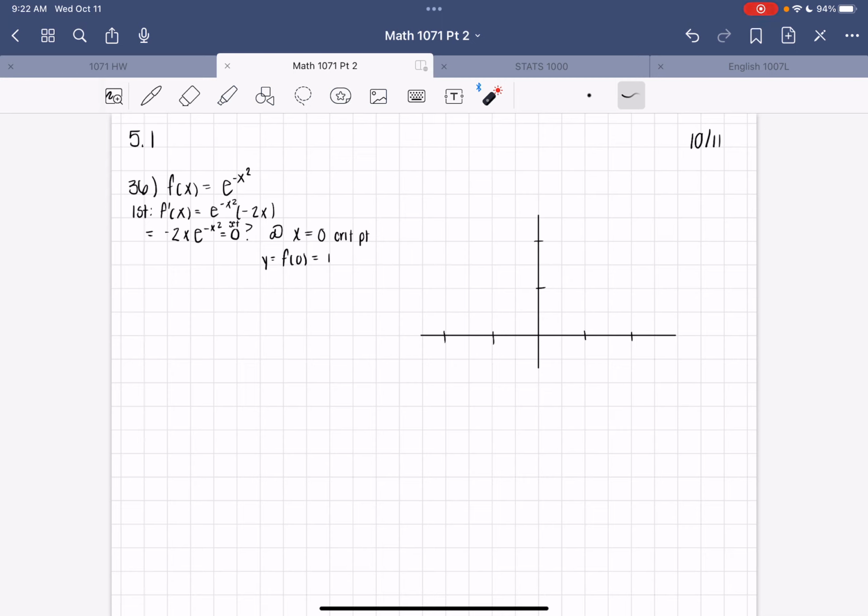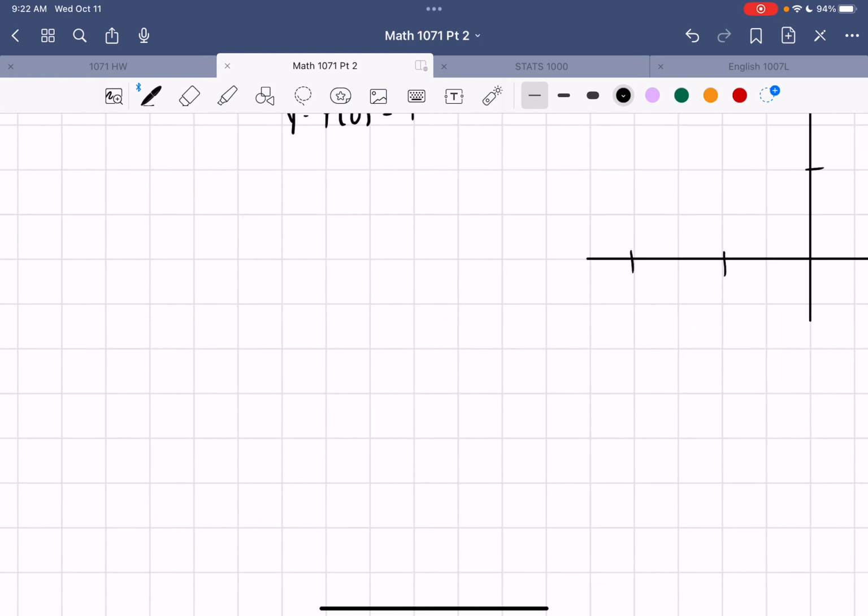And so one critical point at 0. I have an interval to the left of 0, and I have an interval to the right of 0. So let's test my derivative at, I only need to test 1 point, let's say -1.